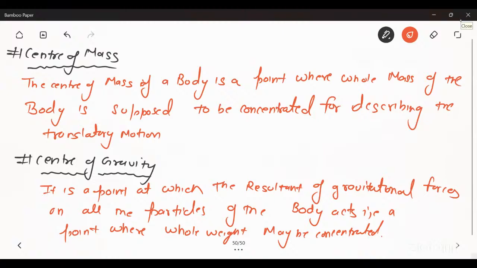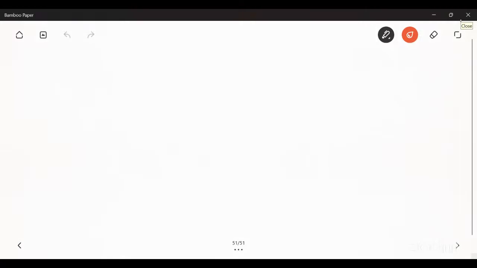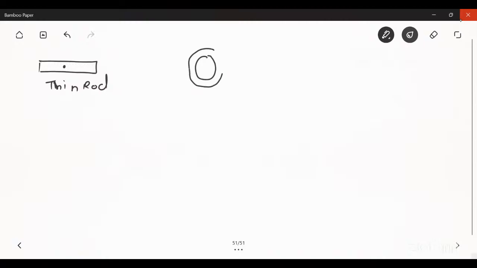Now let's see some examples. Suppose there is a thin rod. In a thin rod, the center of mass and center of gravity coincide at a point, which is at its middle point. In the ring, the center of gravity and center of mass are always at a single point, the middle point. In the disk also, they are at the middle point.